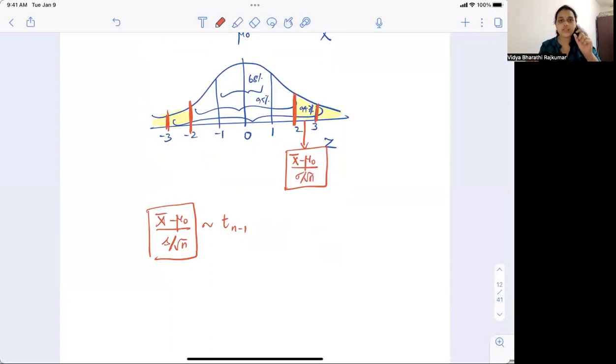So we'll compute this T statistic, and we'll also compute the corresponding cutoff values. This T statistic I'm mentioning is specifically converting your sample x bar to its corresponding T-score or Z-score, depending on whether sigma is known or unknown.